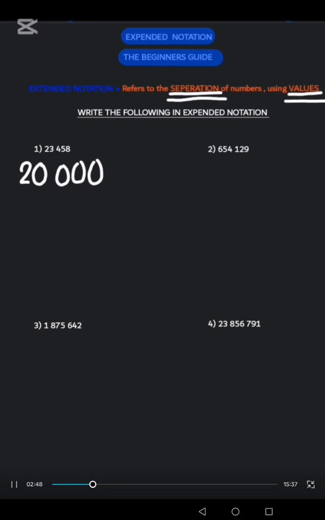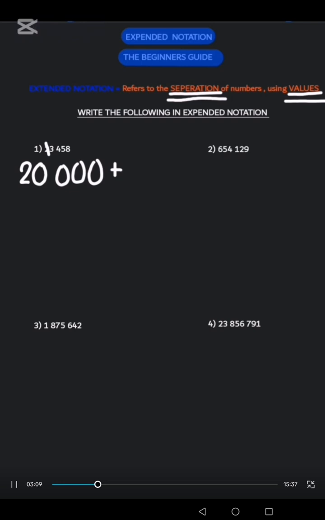Remember, we add positive signs in between the numbers to show that it is one number that has been separated using their values. Then the next number, obviously we scratch out 2 since 2 is no more in the list.